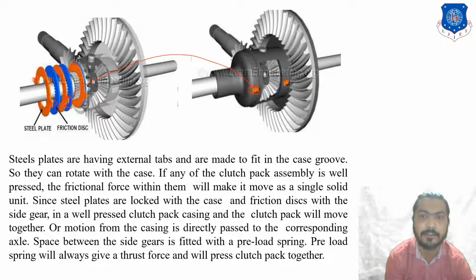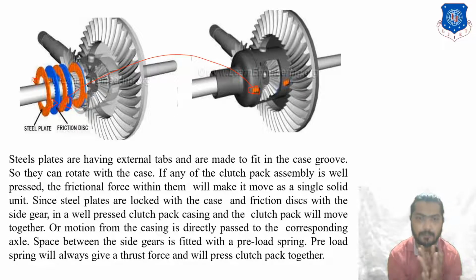This is the case groove, so they can rotate with the case. If the clutch pack assembly is well pressed, the friction force within them will make it move as a single solid unit, with no relative motion between them.